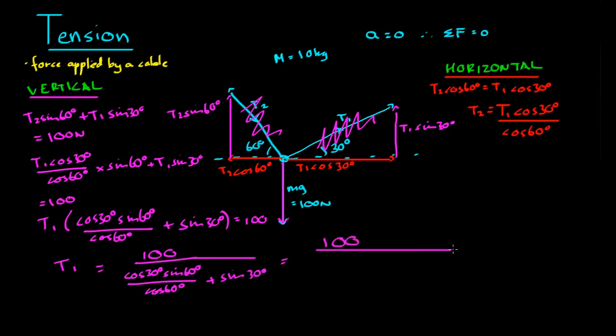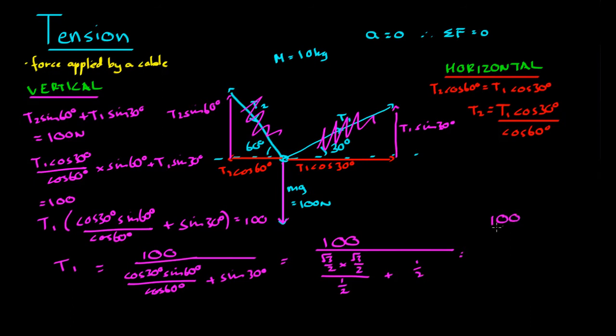Okay, let's figure out what's going on here. Cos 30 degrees is root 3 on 2. Sine 60 degrees is also root 3 on 2. Cos 60 degrees is a half, plus a half.